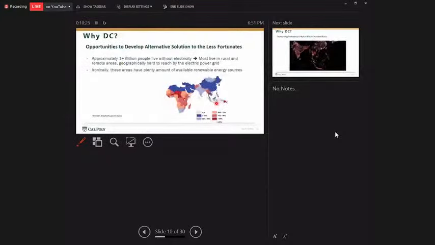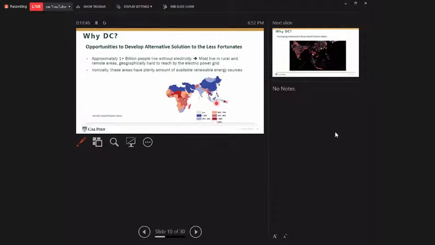Another reason why DC has to do with renewable energy. Ironically, areas that have a lot of potential for renewable energy, unfortunately, for now, have not tapped into these energy sources in the optimum way.